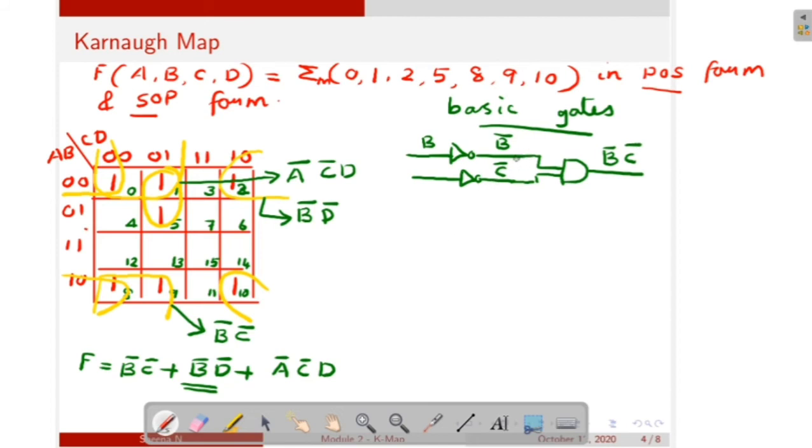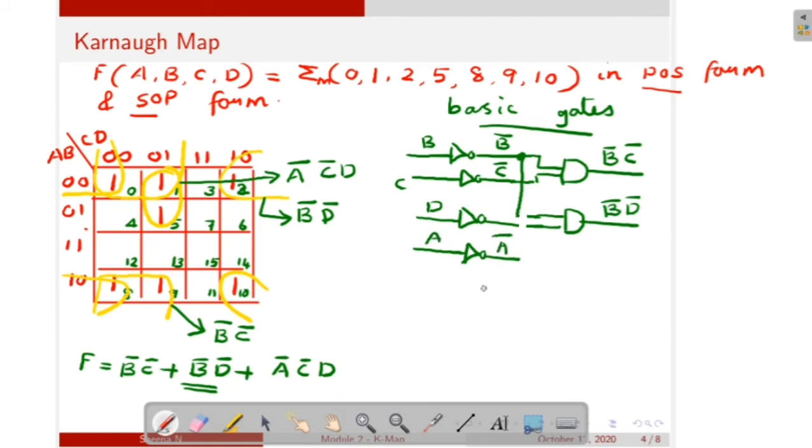Next B bar input is ANDed with D bar. So this is the D input, these two are ANDed together, we get B bar D bar. Then next we have the A input, that is complemented, we get A bar.